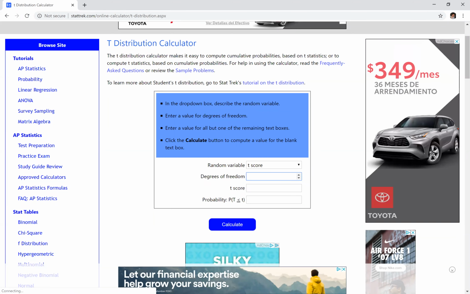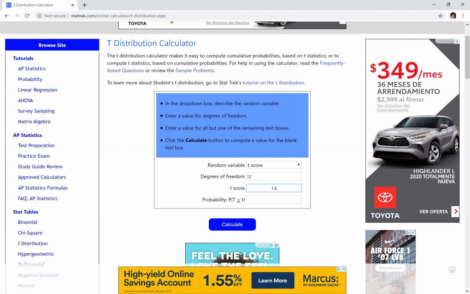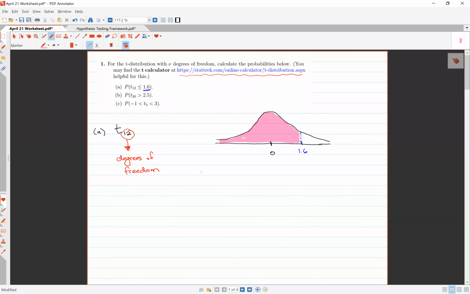So in our first example, the subscript, that's the degrees of freedom, that's 12. Our t-score is 1.6. And then you hit calculate. And in this case, that gives me 0.932. So that calculator always tells me what area to the left is. So it is automatically giving me the shaded region, in this case 0.932.